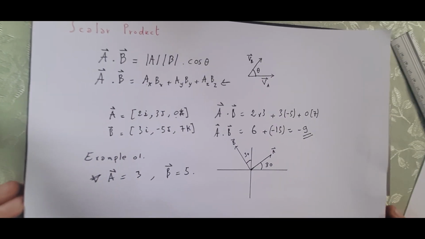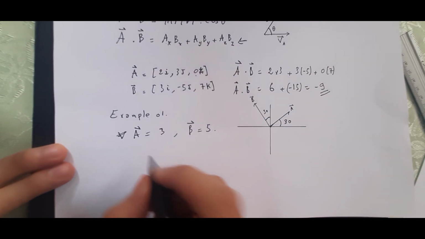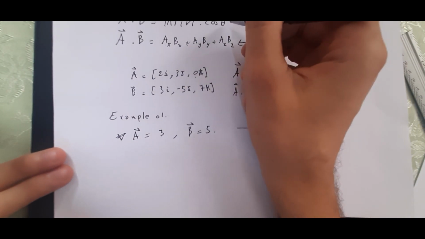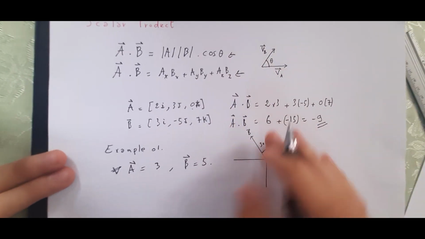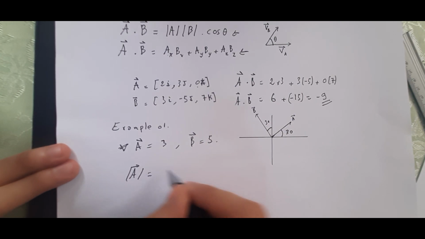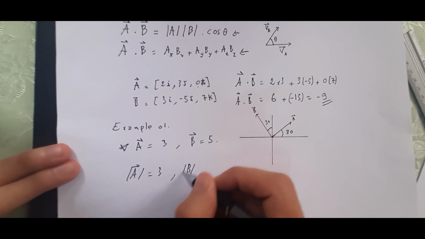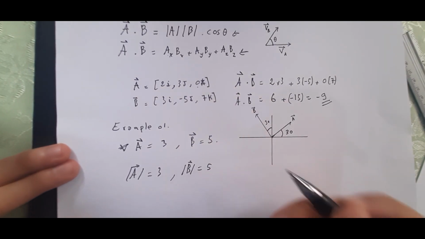So if we wish to calculate the dot product of the two vectors, let's say we use this formula now. The magnitude of A is 3, and the magnitude of vector B is 5.